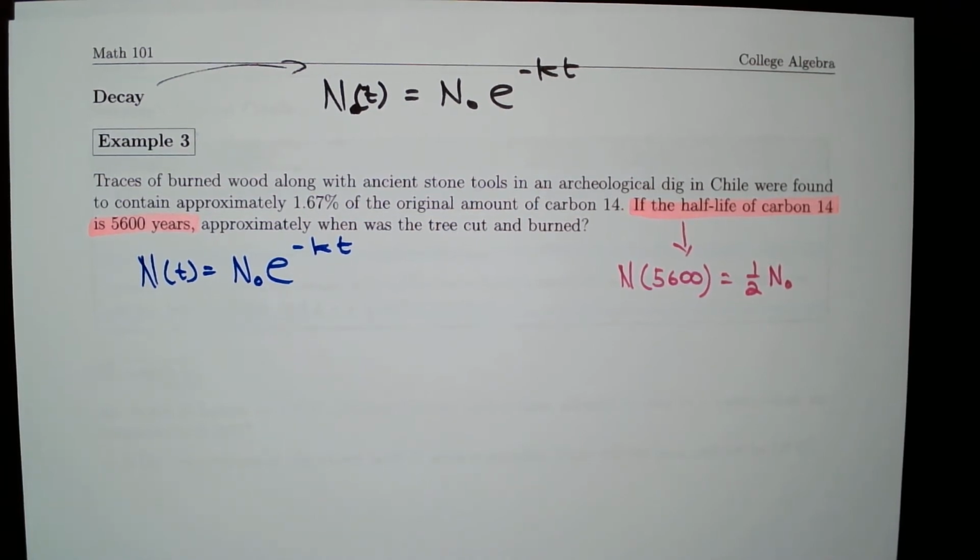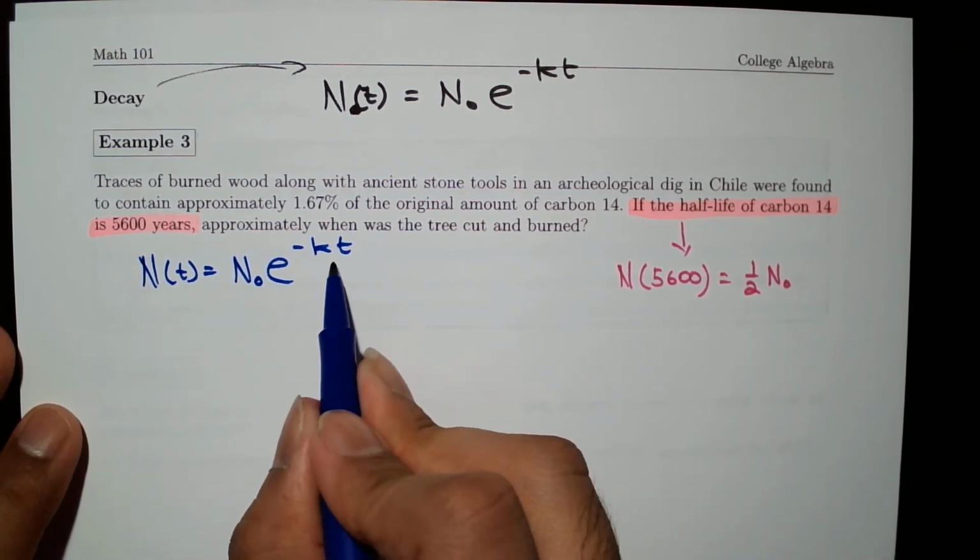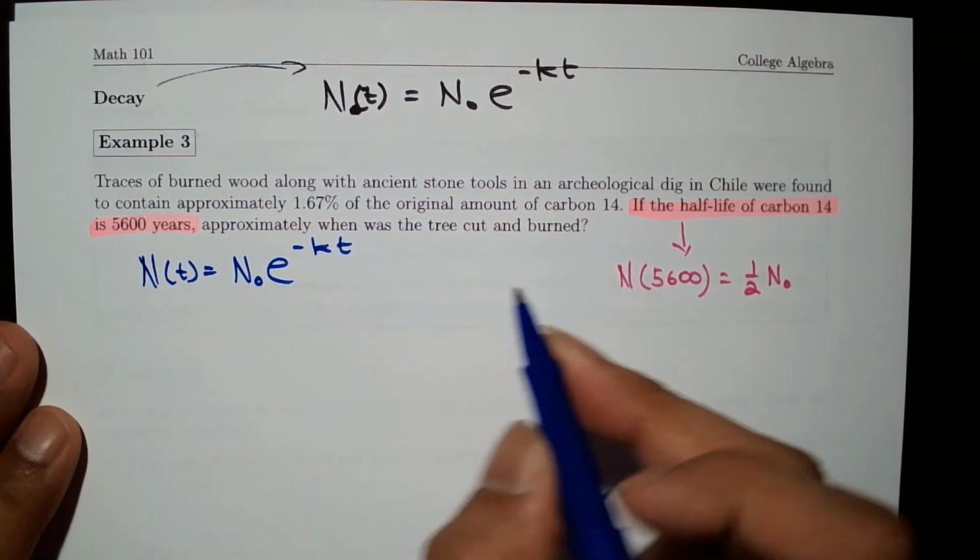All right, so we're going to use this as a starting point to get our k, which is the decay constant.